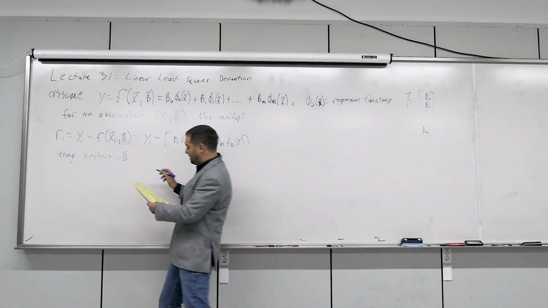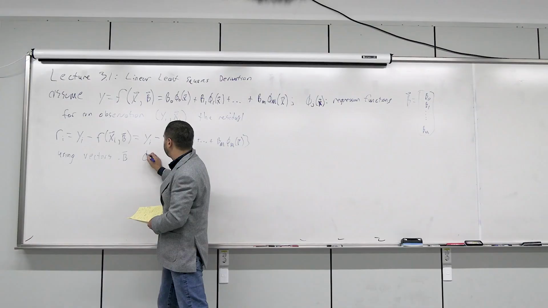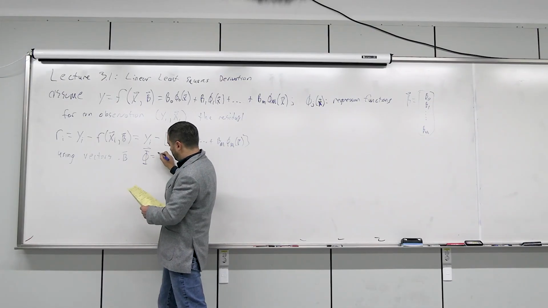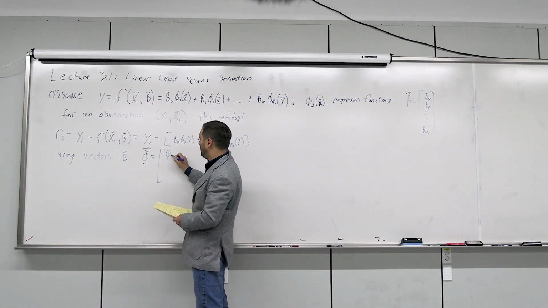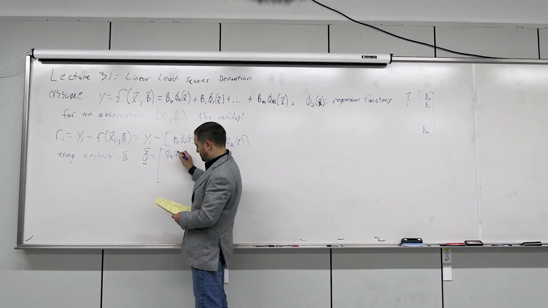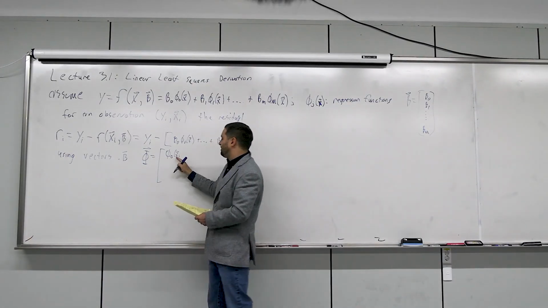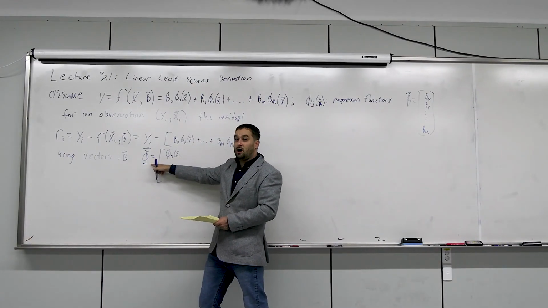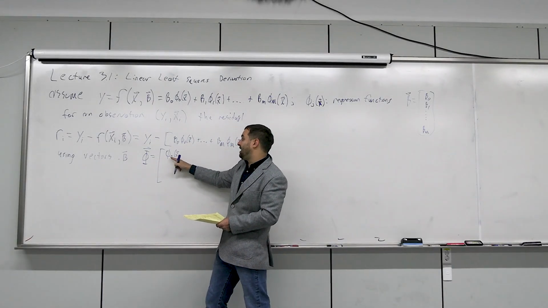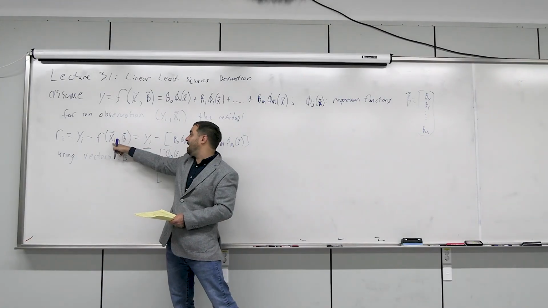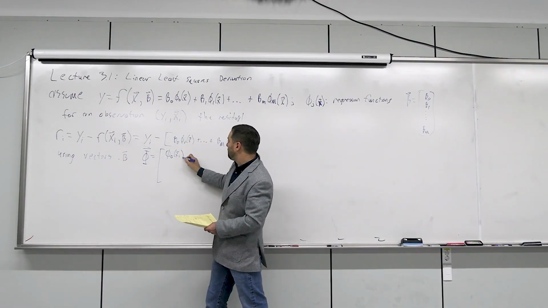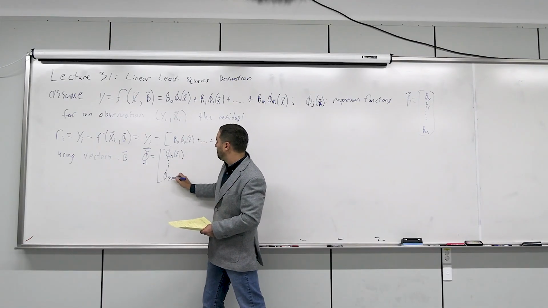Now we're going to define our vector phi, once again a row vector containing our regression functions: phi naught, up to phi m, evaluated at the sampled input parameter values x_i.